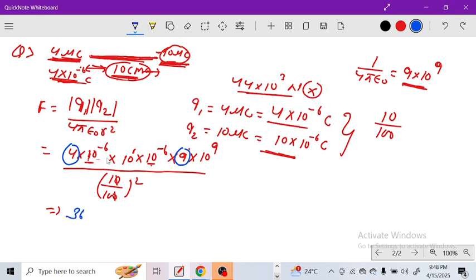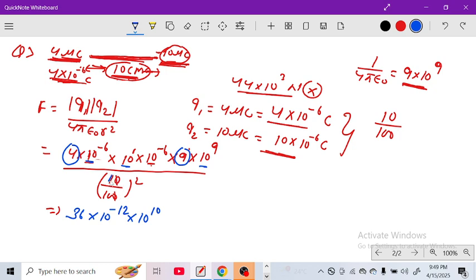And 10 raised to power minus 6 and 10 raised to power minus 6 will be 10 raised to power minus 12. And 10 raised to power 1 and 10 raised to power 9 will be 10 raised to power 10.